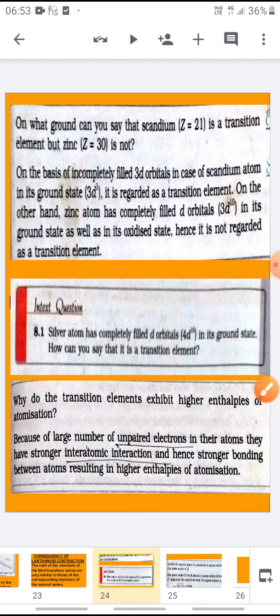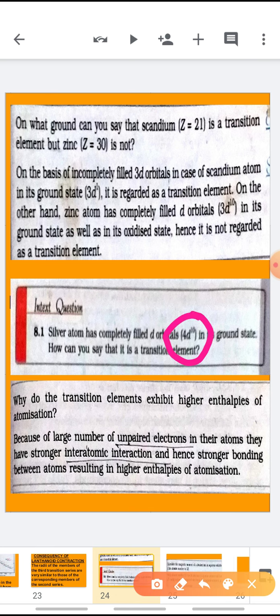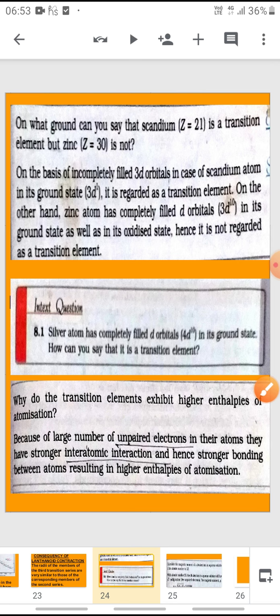Another question is: silver atom has a completely filled d orbital in the ground state, still we call it a transition element. Why? Because for silver in the ground state the configuration is 4d10, but if we look at Ag2+, the configuration is 4d9, that means it has an incompletely filled d orbital.